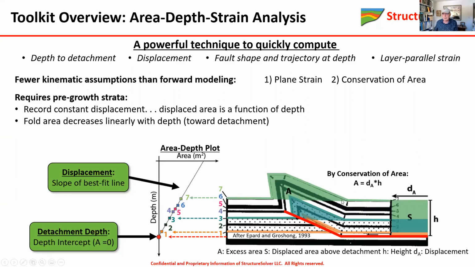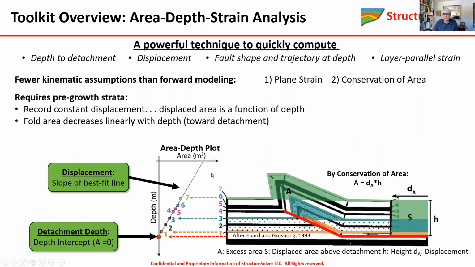We measure the area, either excess area or area deficit in the case of extended structures, and we measure those areas automatically, and we graph them versus depth. And it turns out that the slope of the area with depth gives you the true displacement on the structure, and the point at which the area goes to zero gives you the detachment depth. That's for a structure that detaches into bedding.